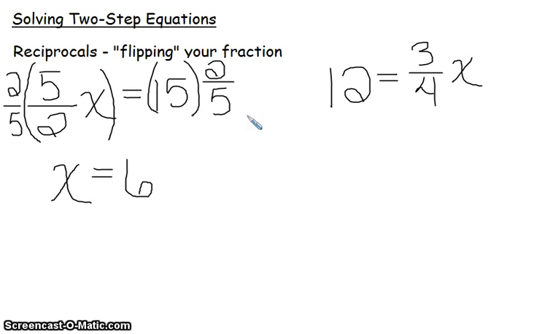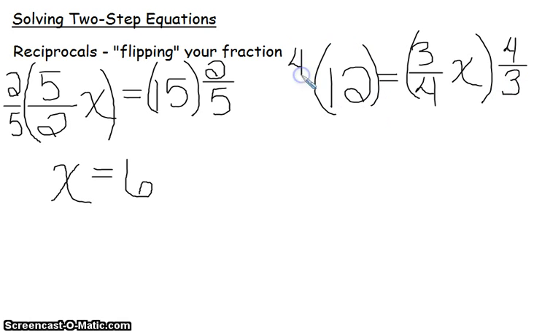Alright, hopefully you have paused your video and you are now coming back to check your answer. The reciprocal of 3/4 is 4/3. Just flip your fraction, 4/3. So if you multiply the right hand side by 4/3, then you have to multiply the left hand side by 4/3.